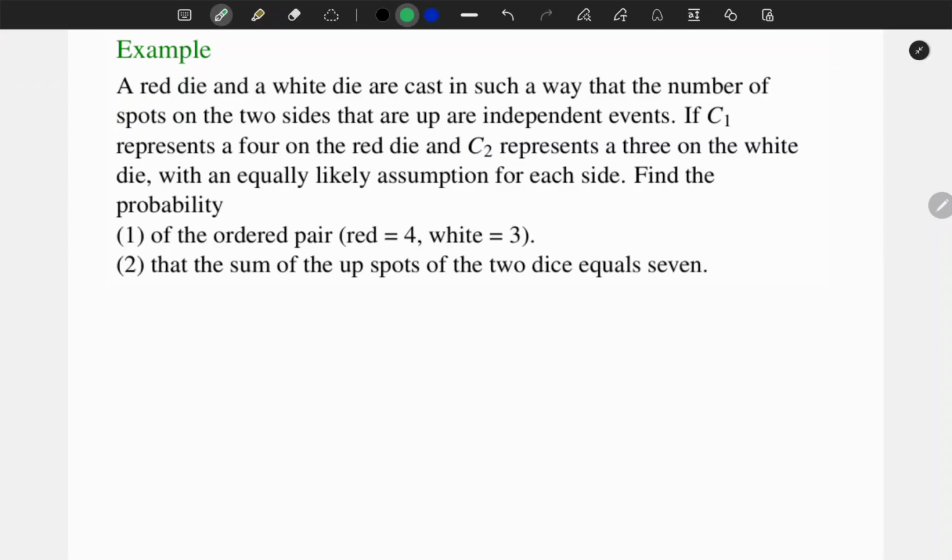If C1 represents a 4 on the red die and C2 represents a 3 on the white die, with an equally likely assumption for each side, you have to find the probability of this pair.